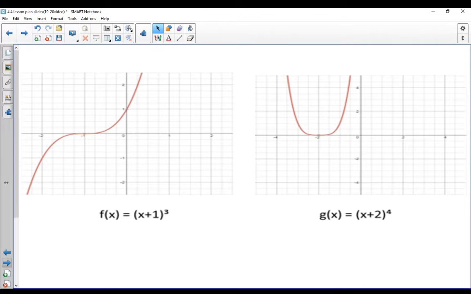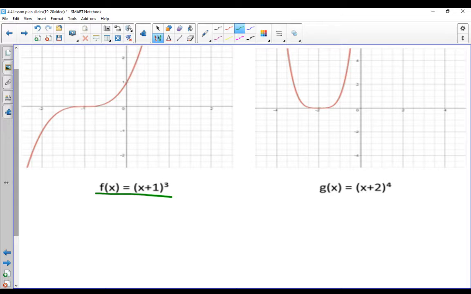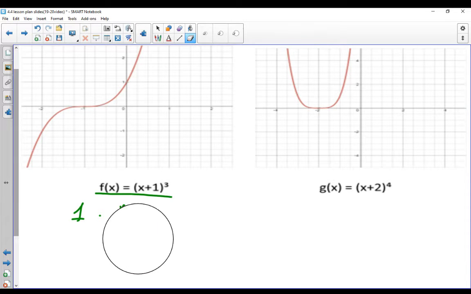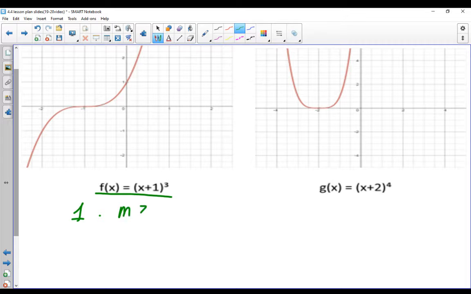So, here I have 2 examples of equations that have multiplicities, and I want to talk about each one. Let's take a look at the one on the left. If you look back to those 3 key points, according to the first one, our multiplicity is greater than 1, because our multiplicity is 3. Since it's greater than 1, that means this graph is supposed to flatten out near the x-intercept.